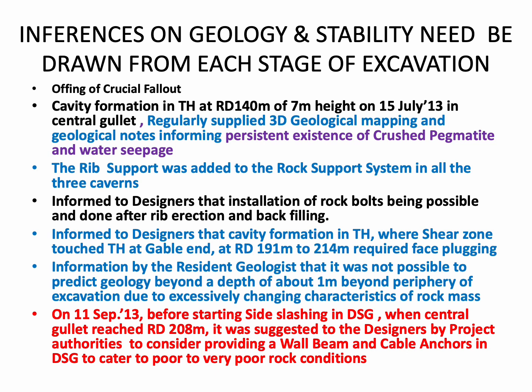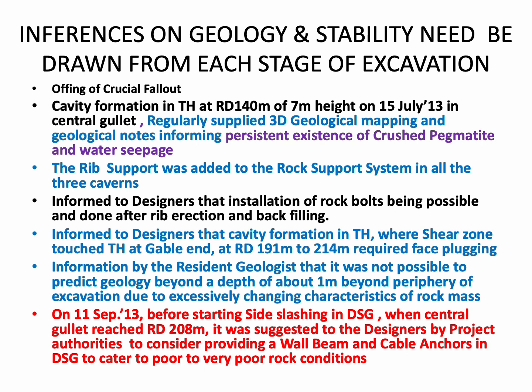On 11 September 2013, before starting side slashing in the Downstream Surge Gallery, when the Central Gullet reached RD 208 meter in the Downstream Surge Gallery, project authorities suggested to the designers that they consider providing a wall beam and cable anchors in the Downstream Surge Gallery to cater to poor to very poor rock conditions.